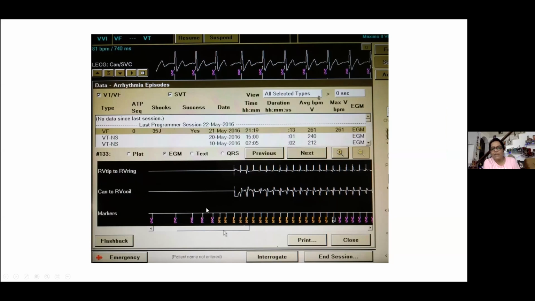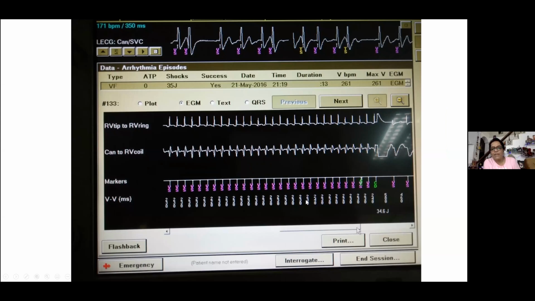Over here, I agree that it is more stabilized. It is around 230 milliseconds, so roughly 260 beats. Yes, localized micro-reentry in the diseased Purkinje cannot be ruled out, but I'll show you the EGMs of this patient. There were many episodes.